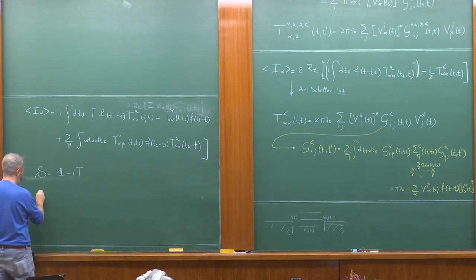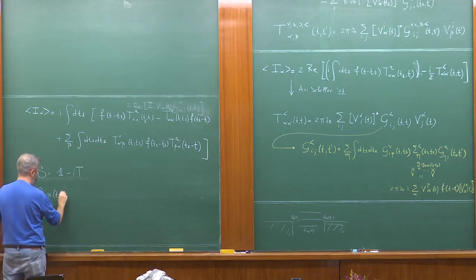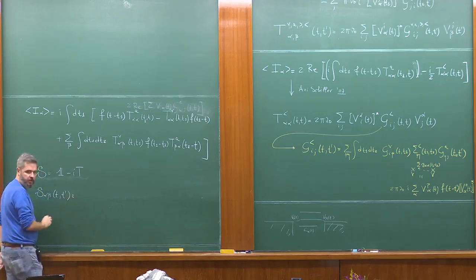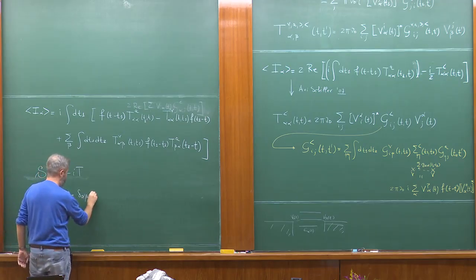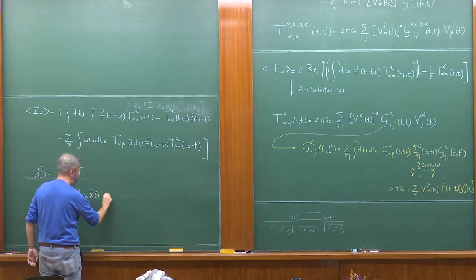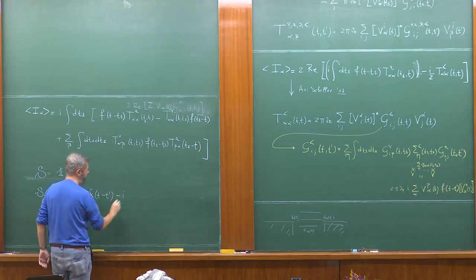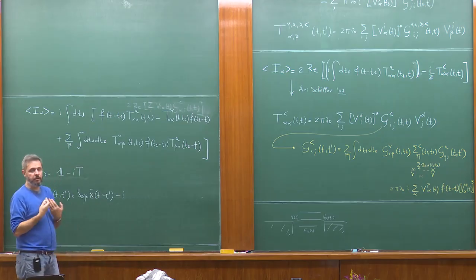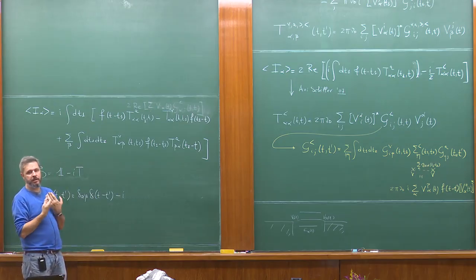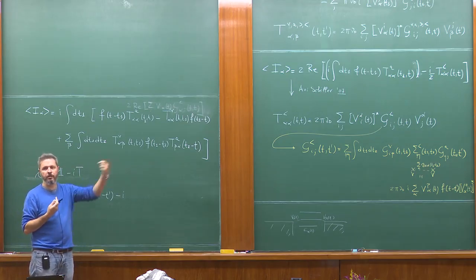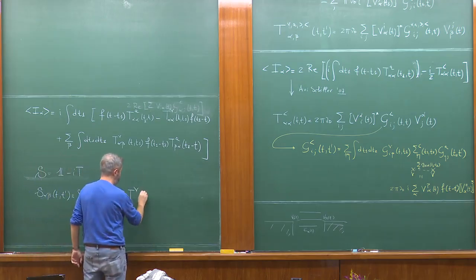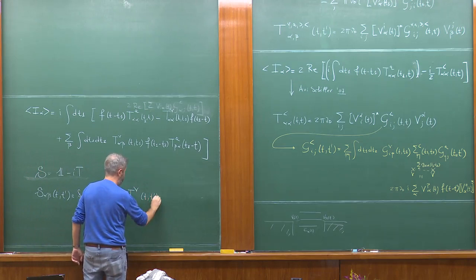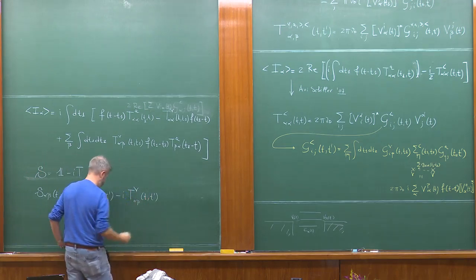So let me define S alpha beta t t prime to be delta alpha beta delta t minus t prime, minus i times T retarded alpha beta t t prime, since the scattering matrix connects stuff that goes forward in time.